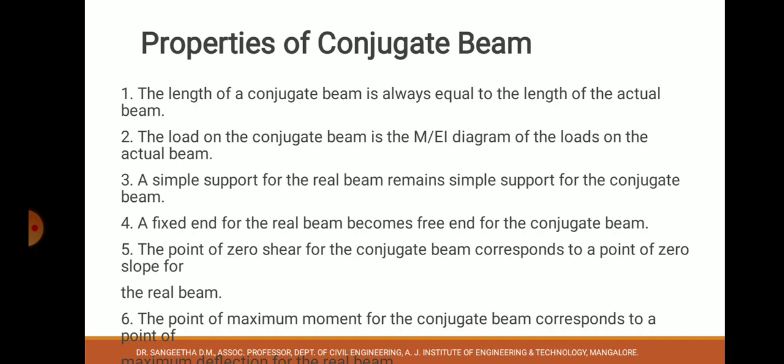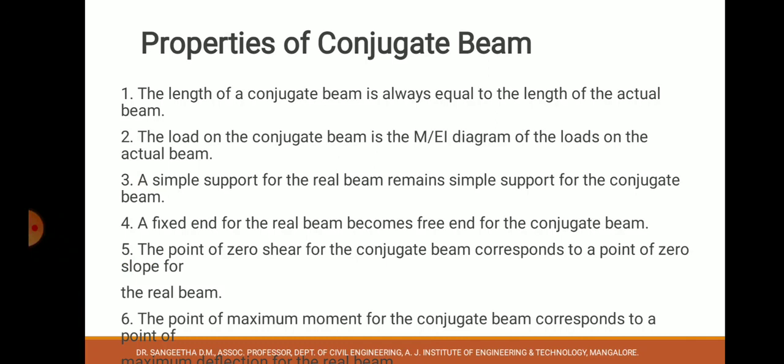The conjugate beam also has some basic properties. Some of the properties are as listed below. The length of a conjugate beam is always equal to the length of the actual beam. The load on the conjugate beam is the M by EI diagram of the loads on the actual beam. So in the actual beam there will be loads, and those loads will be converted into an M by EI diagram on the conjugate beam.